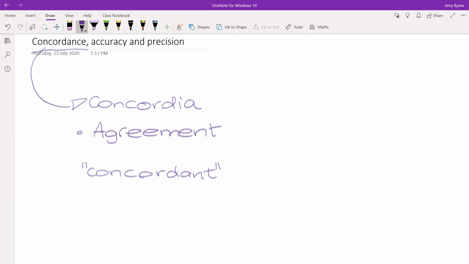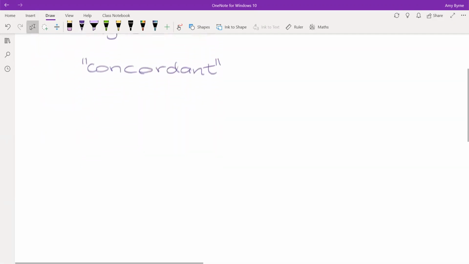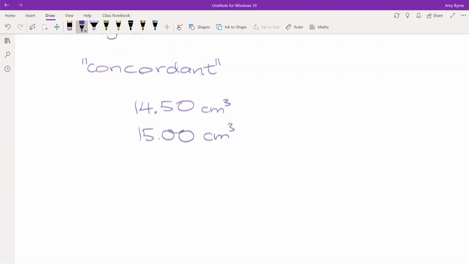What that means, let's say I do a titration and the three volumes I get are 14.50 cm3, 15.00 cm3, 14.45 cm3, and 14.55 cm3.